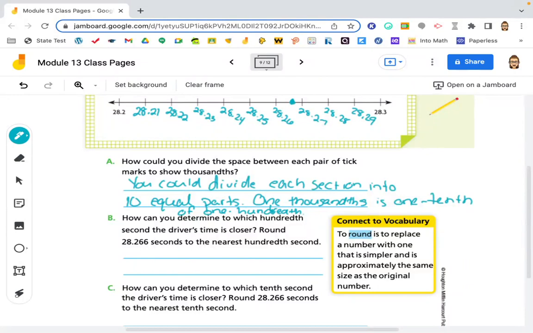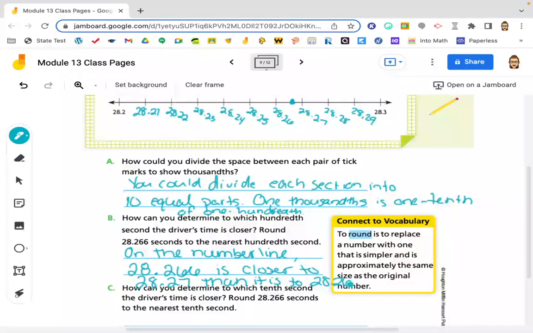So we can determine this because on the number line, 28 and 266 thousandths is closer to 28 and 27 hundredths than it is to 28 and 26 hundredths.